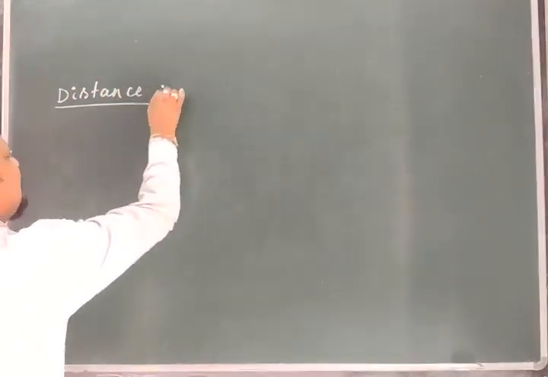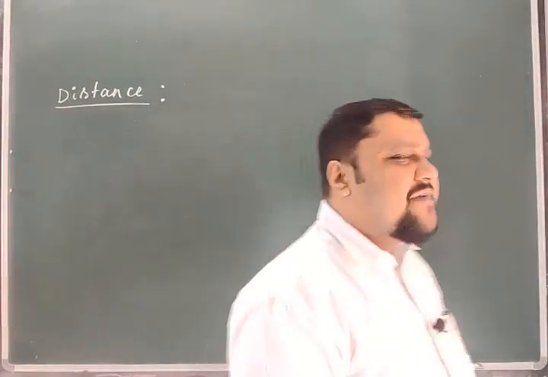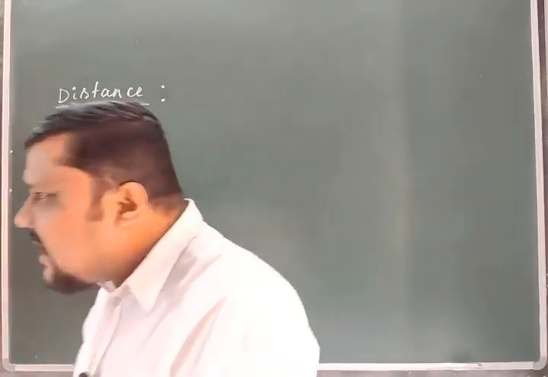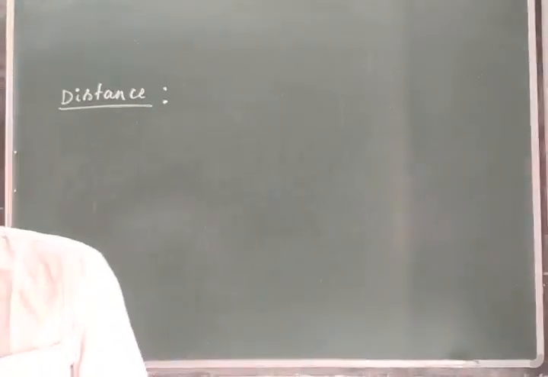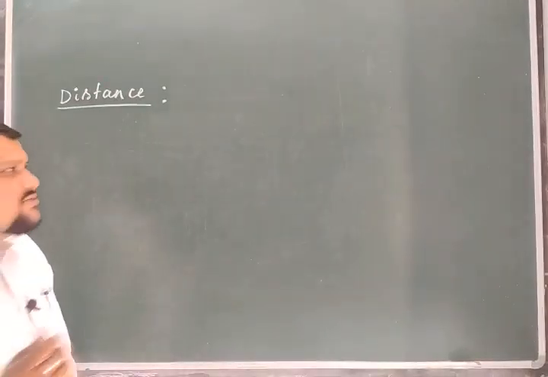So, what do we mean by this distance? This is a common term generally we use in our day-to-day life. I cover this much distance. Today I travel this much distance. It means the length of the actual path.